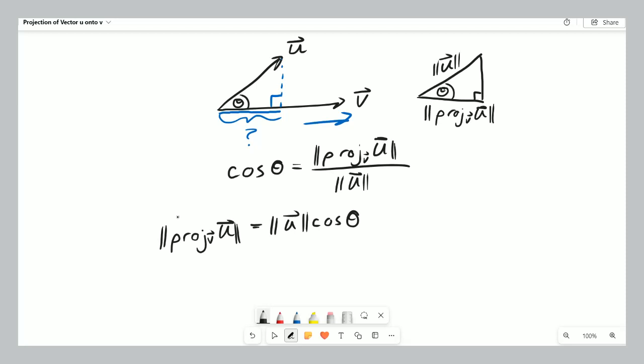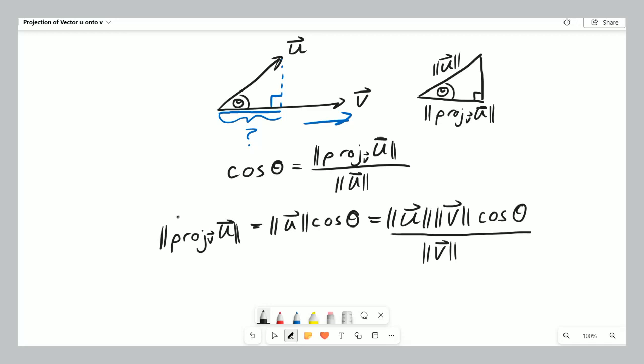Now here's what I'm going to do. I'm going to take the right side of this equation, and I'm going to multiply and divide it by the same value, and that value is going to be the magnitude of vector v. And the reason I'm doing that is if you look at the top of that right side, that's actually u dot v.